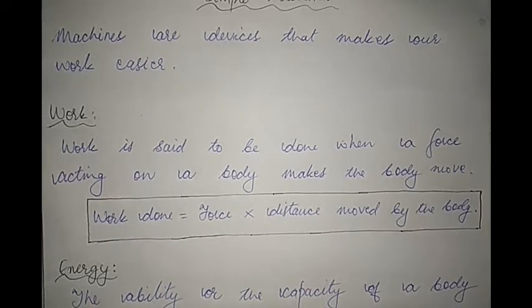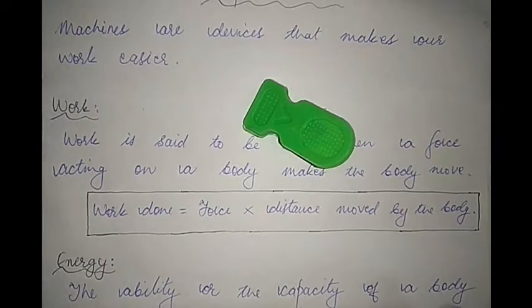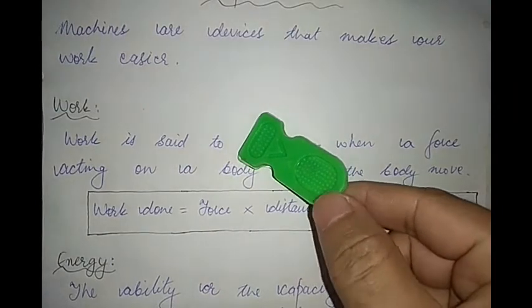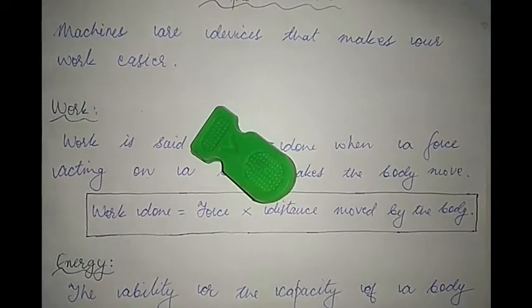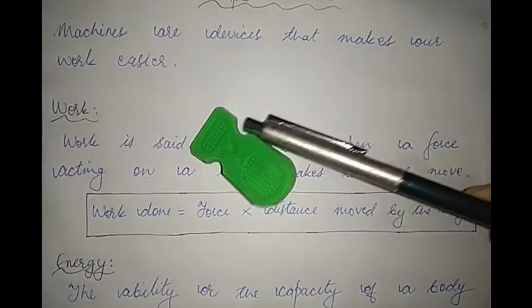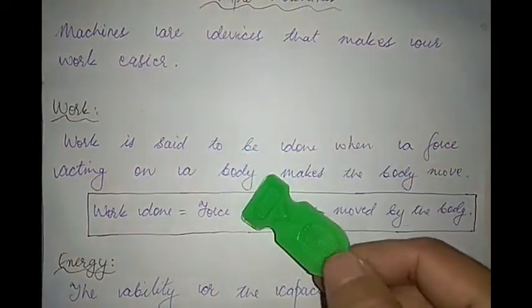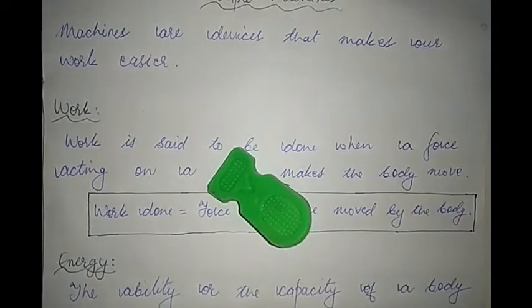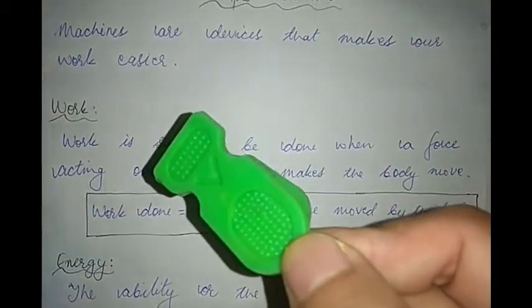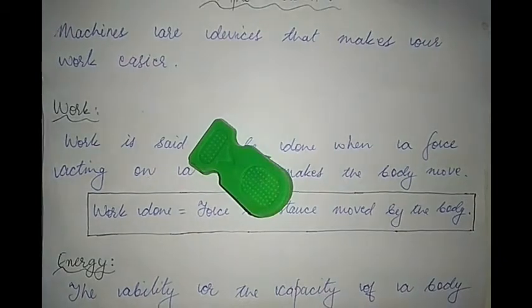Now, before we go into further discussions of machines, let us give a look at work and energy. Whenever we are to push or pull something, or whenever we are to carry or lift up something, then we say we are doing work. And in each of these cases, we are applying a force. In every case, in order to lift something up also, we need to apply force.